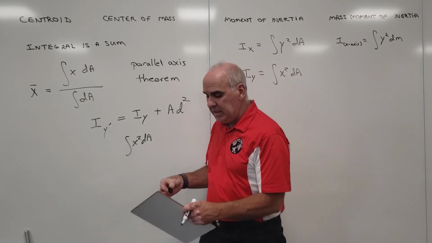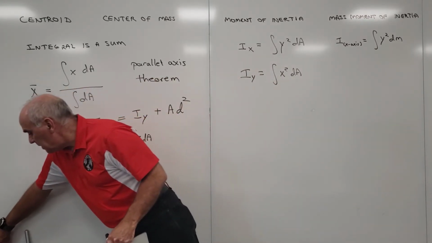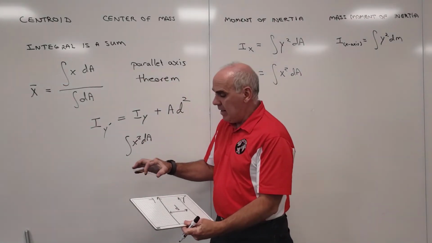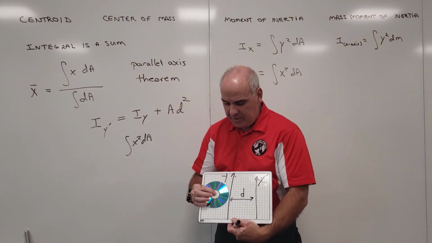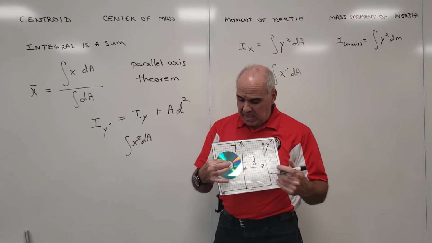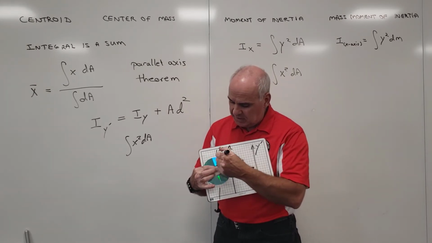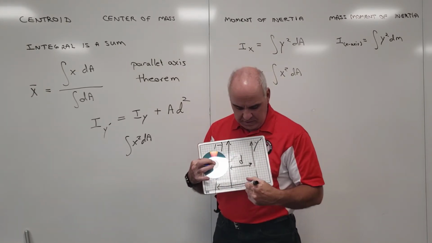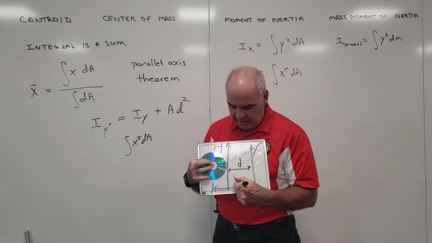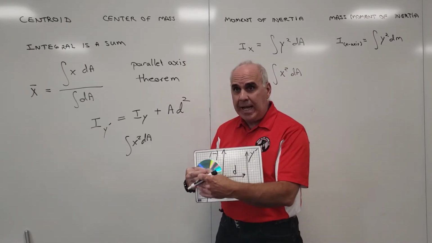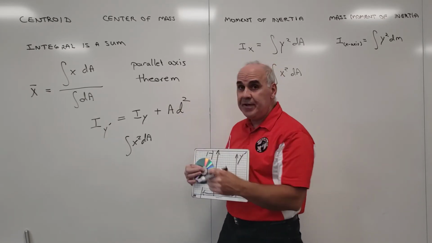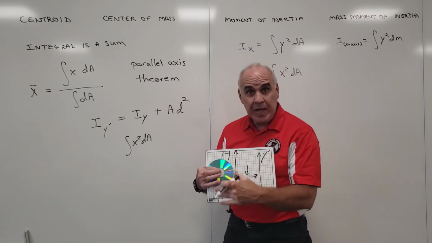Now if I add the hole in there, and maybe I put the hole over here, then I've got a different distance between the centroid of the hole and that axis, so I'll call that d sub h for the hole. I would need to subtract, because it has a negative area, the values for that as well.